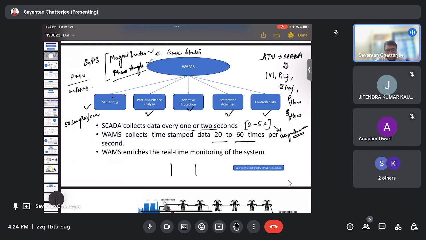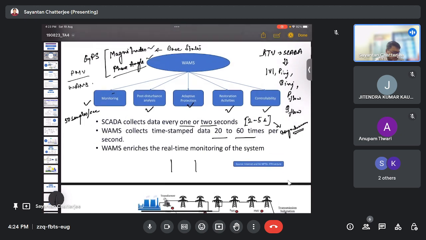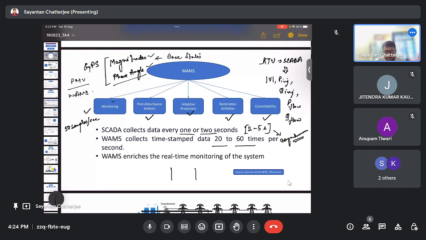When the post-mortem analysis was done, it came to the knowledge of the operators that they only had a window of 3 seconds to take proper action.